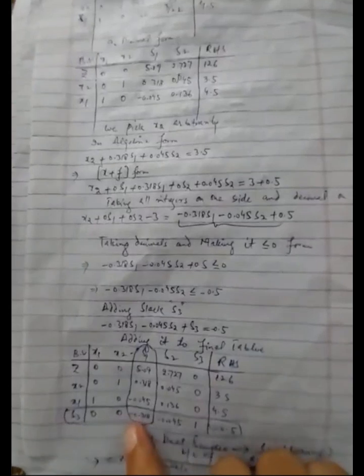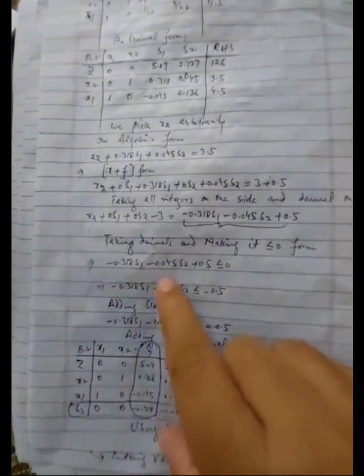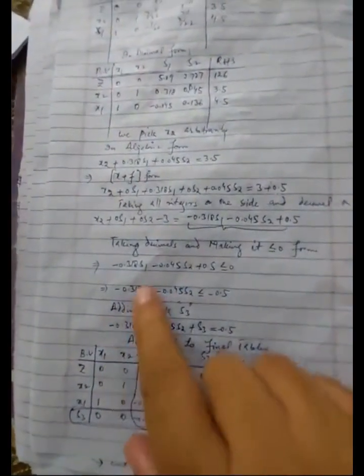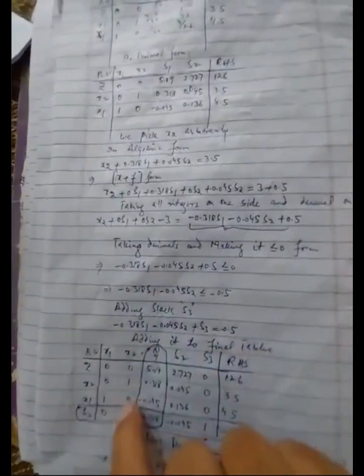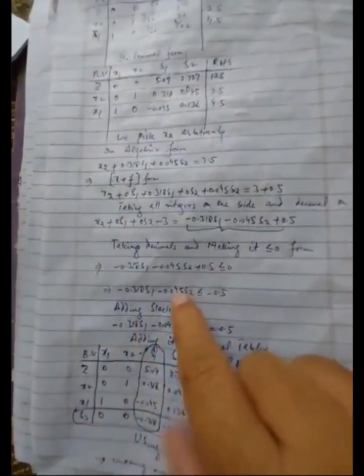So here we add S3 as a new row and we get exactly these variables over here. In this, x1 is 0, x2 is 0, s1 is minus 0.318, and s2 is minus 0.045. So we add it as it is.